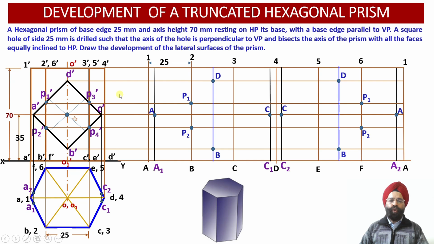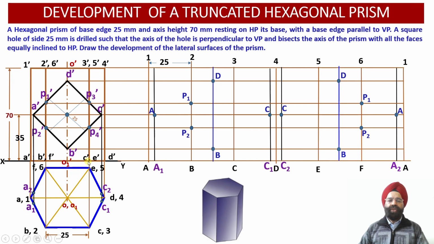Similarly, the two more points of intersection we have are P3 dash and P4 dash. We can check it over here. These two points of intersection P3 dash and P4 dash correspond to the intersection of the square hole edges B dash C dash and C dash D dash with the vertical edges 3 dash C dash and 5 dash E dash.